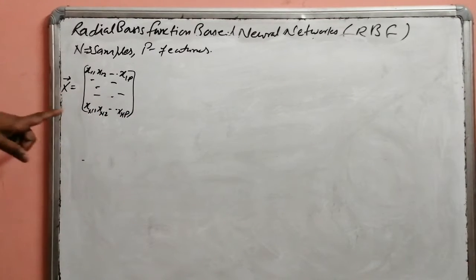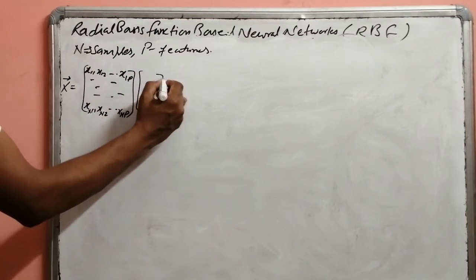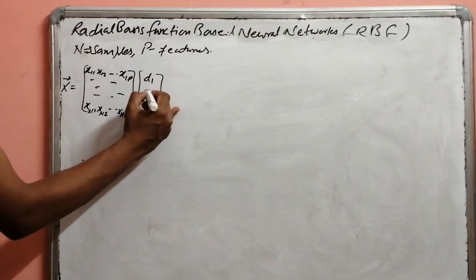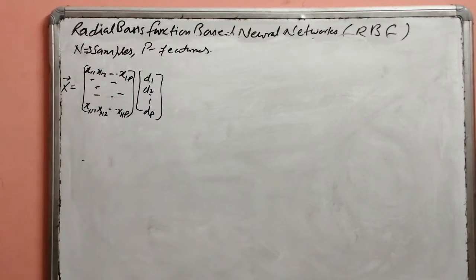So this is how your input samples were represented, and along with each sample its class was mentioned: d1, d2 up to dn. So their classes were also mentioned along with this.